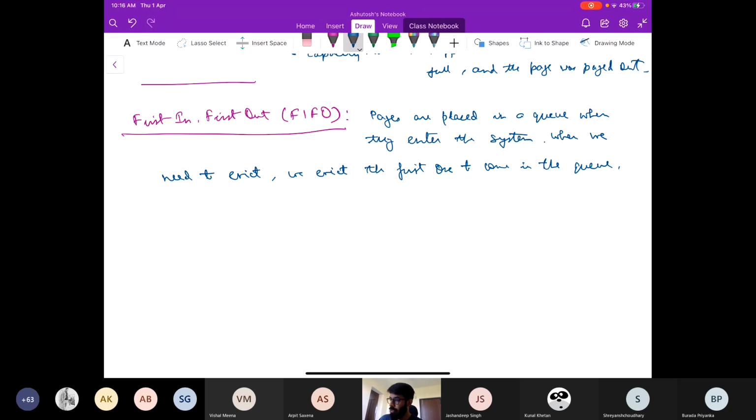Okay, so what is the advantage of this one? It is quite simple to implement, right? But what is the problem with this? The problem is that it does not care about which page is important while pushing it out and so on.